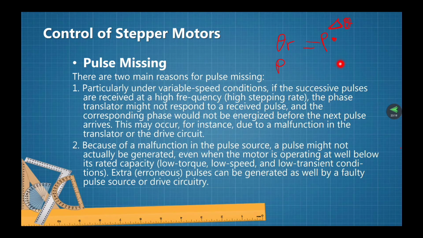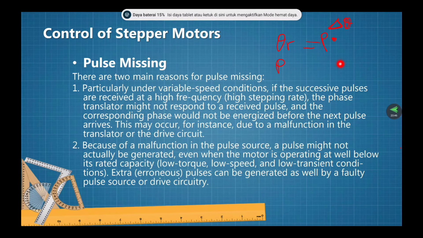In this case, the logic sequence within the translator that energizes the motor phases will remain intact. The next pulse to arrive at the translator will be interpreted as the lost pulse and will energize the phase corresponding to the lost pulse. As a result, a time delay is introduced to the command pulse sequence.